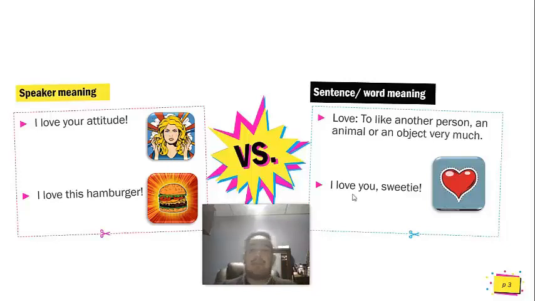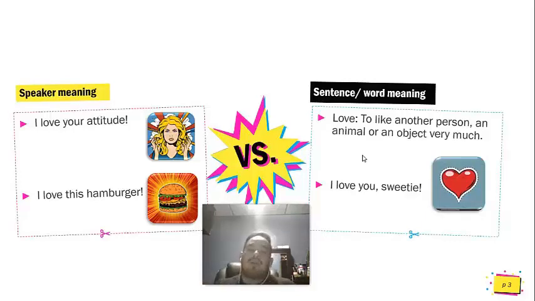An example is the word love, that a close definition that I found in a dictionary is to like another person, an animal, or an object very much. And that's a literal definition. Perhaps we can find different versions or other options for the same meaning of the word, but it is not going to change a lot, or it is not going to be highly modified.